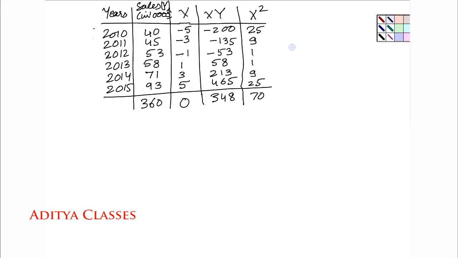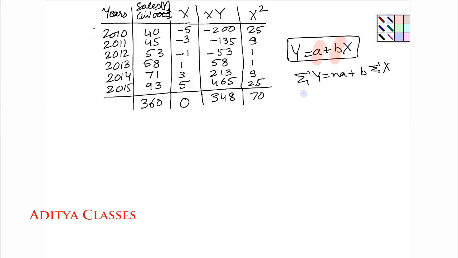Now we know our regression equation is y is equal to a plus bx. This is my regression equation. And in order to find out values of a and b, what do we do? We solve a couple of equations simultaneously. And the equations are sigma y is equal to na plus b sigma x.